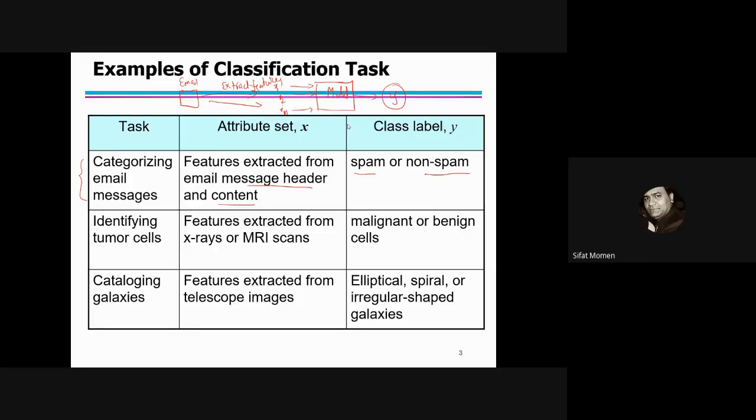Right. Other examples of classification tasks could be identifying tumor cells. You could have X-ray or MRI scans. From the X-ray or the MRI scans, you can extract different features of the tumor cells. Maybe you can look at the shape of the tumor cell, the size, and the location of the tumor cell.